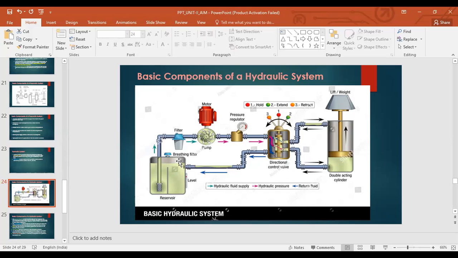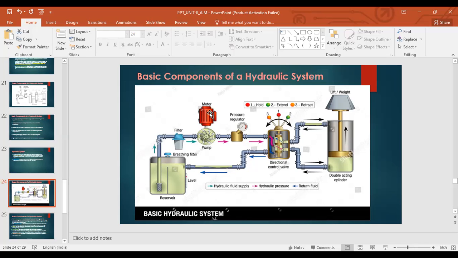Okay, so you see, let's start from the motor. This pump, which is going to provide us the pressurized liquid, how is it operating? With the help of a motor. A motor will drive that pump, converting the mechanical energy into what will the pump do? It will convert the mechanical energy supplied by the motor to hydraulic energy, right?